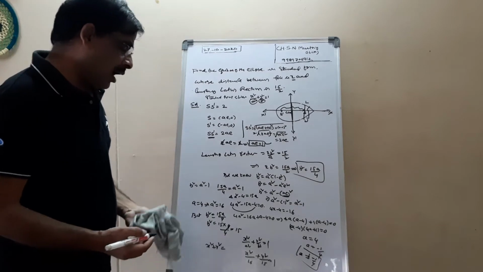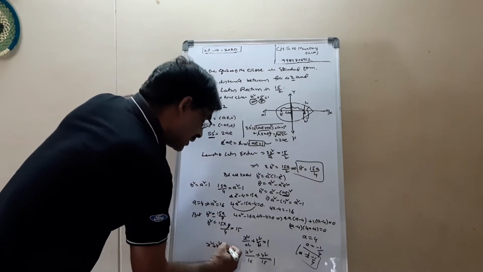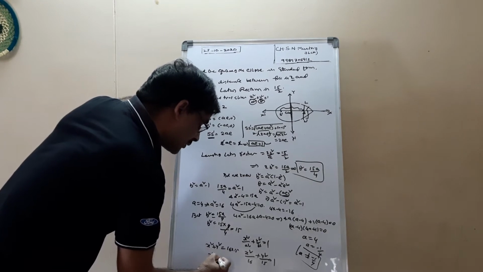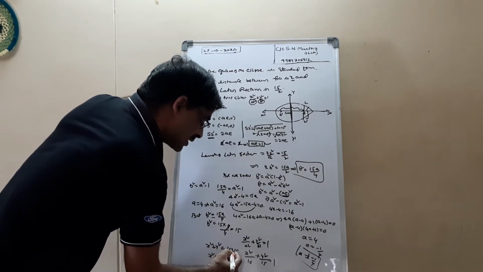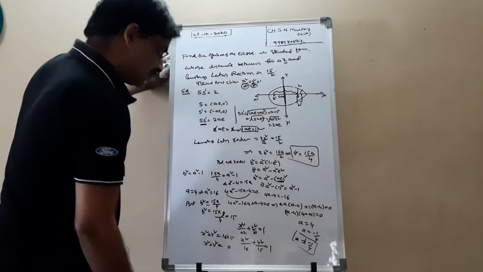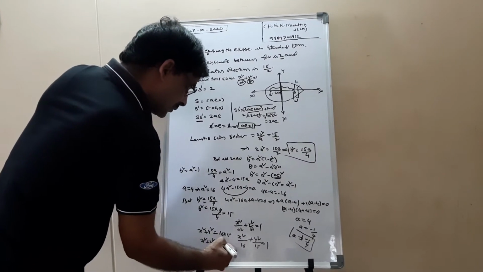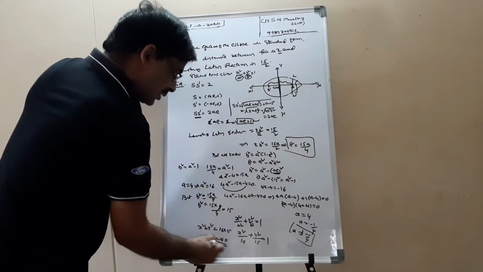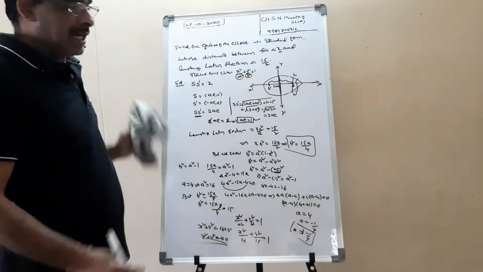You can write this one into 15 and 16 into 15 here. x square plus y square equal to 15 into 16 are 240, I think. Is it correct? Okay. This is the equation of the ellipse.